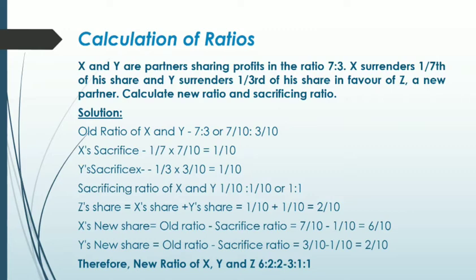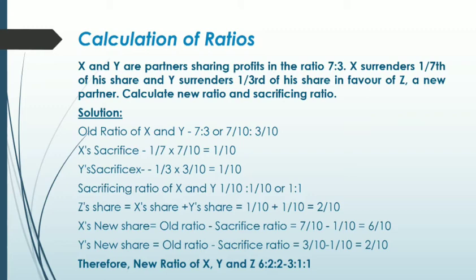Now we have to calculate the new share of X and Y. X's new share is equal to old ratio minus sacrifice ratio. Therefore 7 upon 10 minus 1 upon 10, here the denominators are same, that is 10. Therefore 7 minus 1, 6. The new share of X is 6 upon 10.